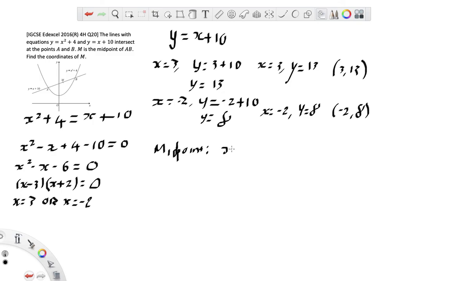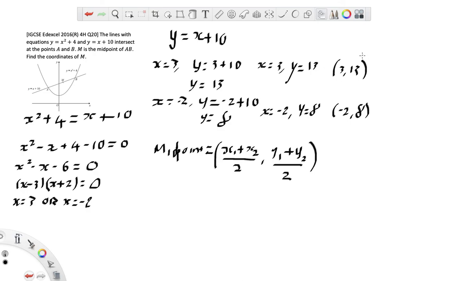We take the first x and the second x, we add them together and divide by 2, and then we take the first y and the second y, so y1 plus y2, and then we divide that by 2, and that will give us the midpoint. In fact, I'm going to change that to an equals because it is equal to that.